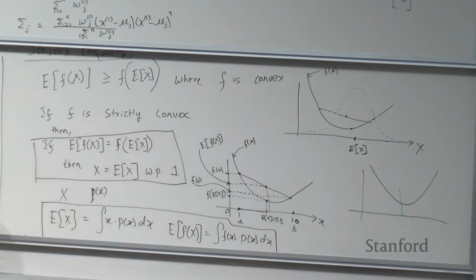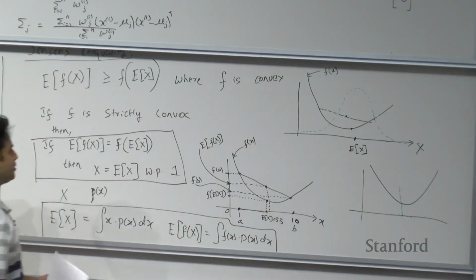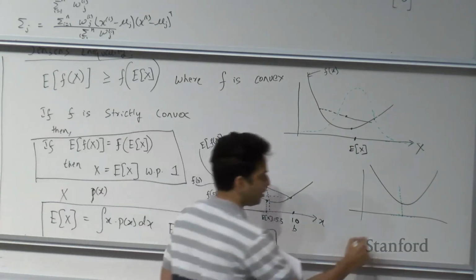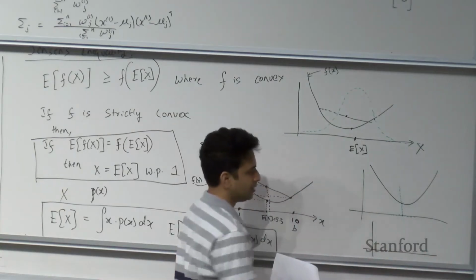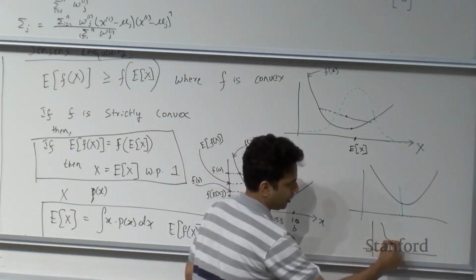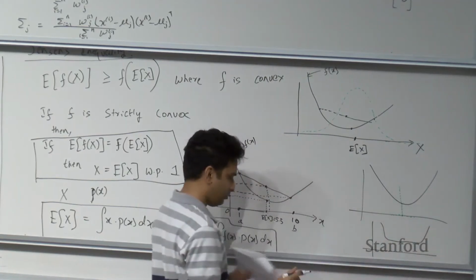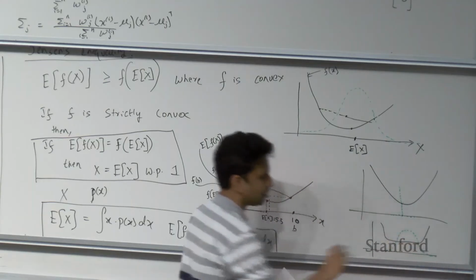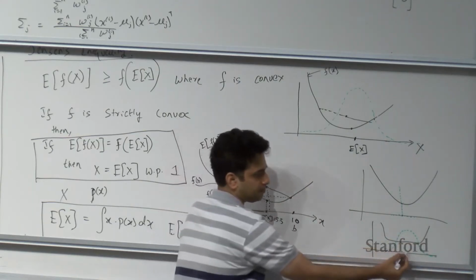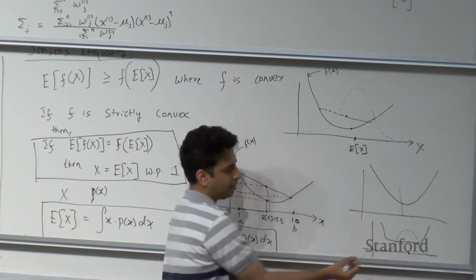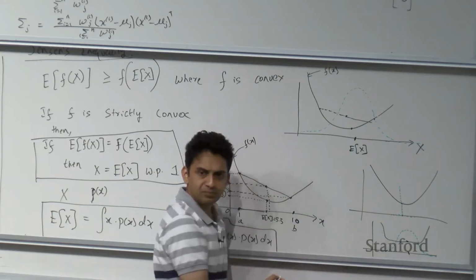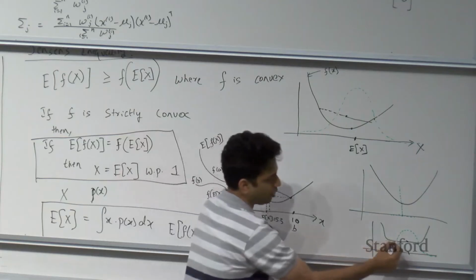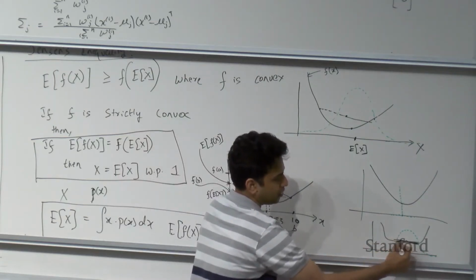Right? So this is Jensen's inequality, and the reason why we require f to be strictly convex is because if f were not strictly convex, then you could have a case where f of x is flat in some place, and x has this density, and expectation of f of x would be here, and f of expectation would be here, and also expectation of f of x would also be the average f of x in this region, which is also a constant.